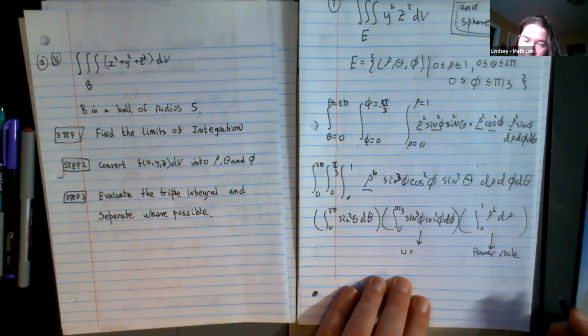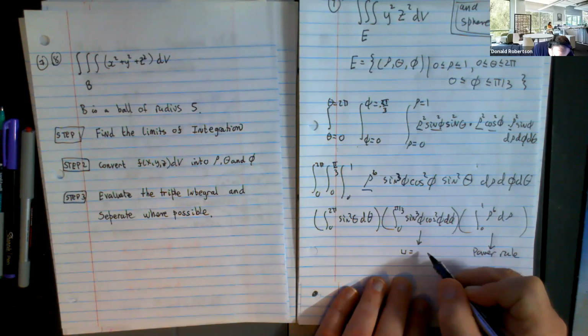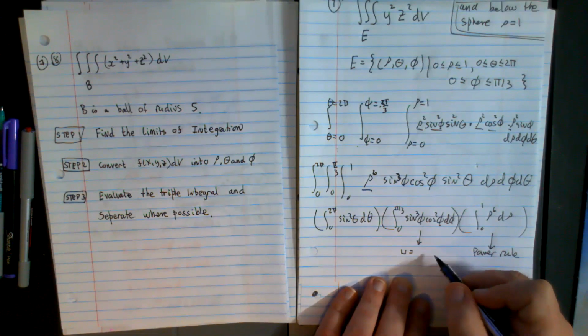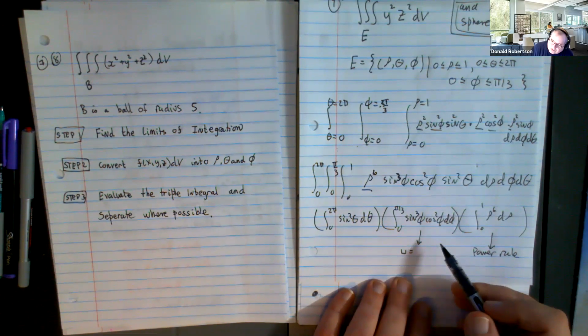And what would be the correct substitution in this question? Sine phi? I'm shaking my head, not just because I want to shake my head, it's not sine. There isn't a secant in there, is there? No. It's a U sub, but it's not sine phi.